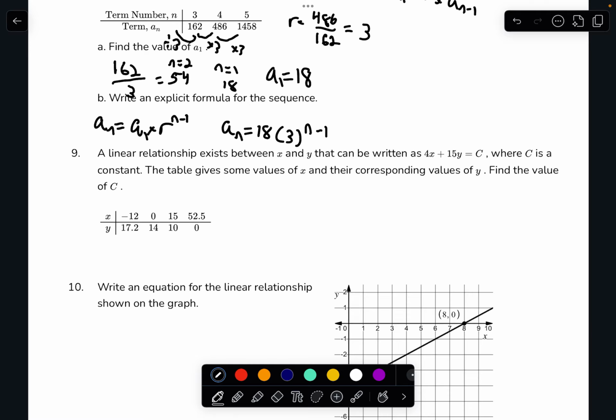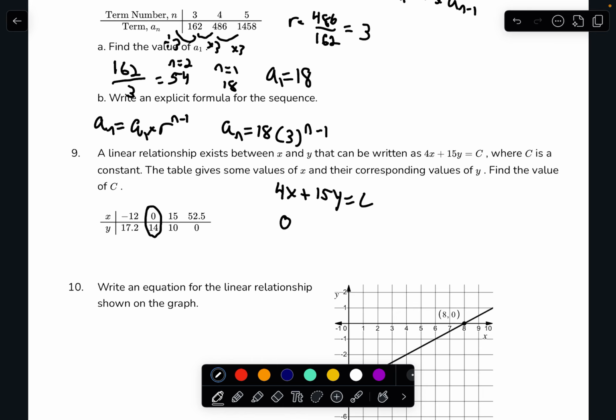A linear relationship exists between x and y that can be written as 4x plus 15y equals c. They want you to find the value of c, and they give you a table of values. Notice right here, they give you the value of y when x is 0.